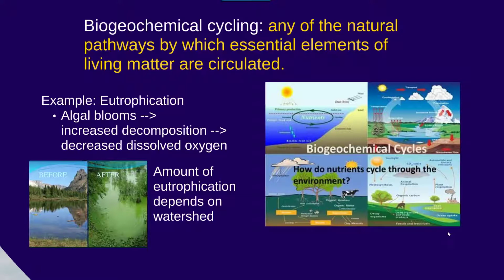And the amount of eutrophication is really going to depend on the watershed. So here we're establishing that habitat selection is based on ecosystem variables. However, those ecosystem variables are going to be influenced and impacted by these different processes.